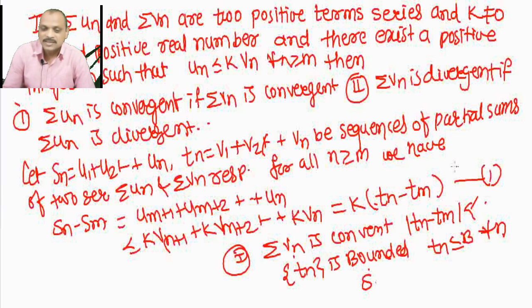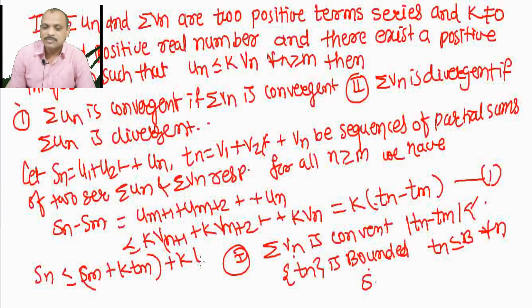So from this we can write equation number 1. What is equation number 1 here? Sn is less than or equal to Sm, which is a fixed number, plus k into Tm, which is a fixed number, plus k into Tn. Now this Tn is bounded by B, so with this fixed number, we get that Sn is also bounded.